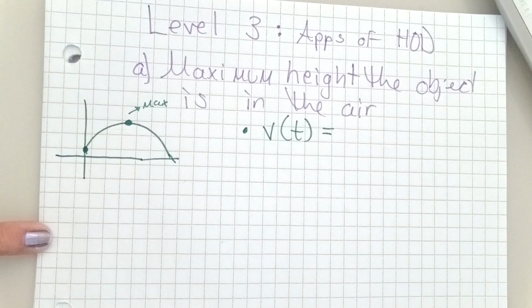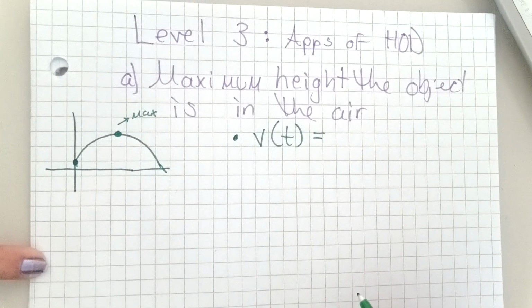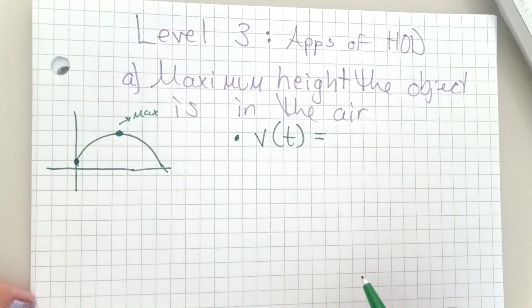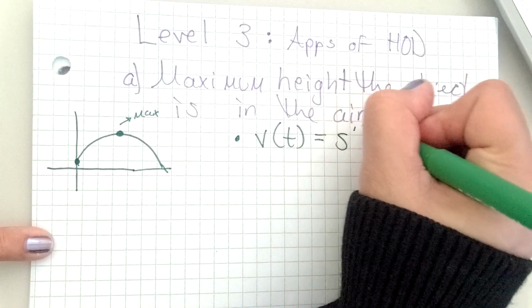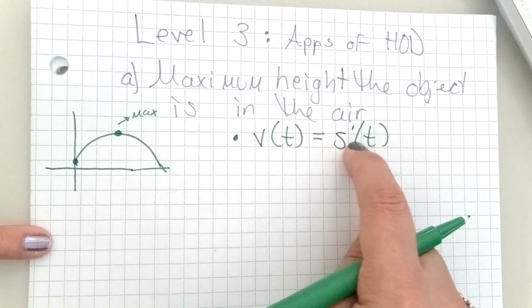Anybody remember? Meters per second? Nope. That's the units. Yeah, s prime of t. So remember that velocity is the derivative of your original function.